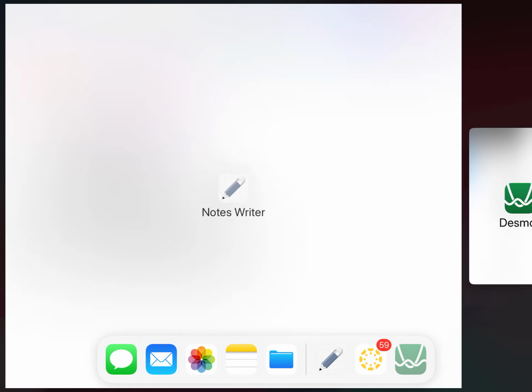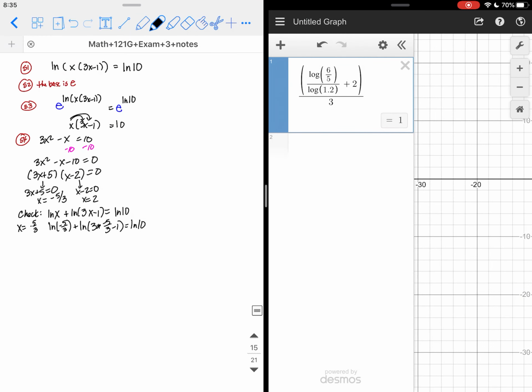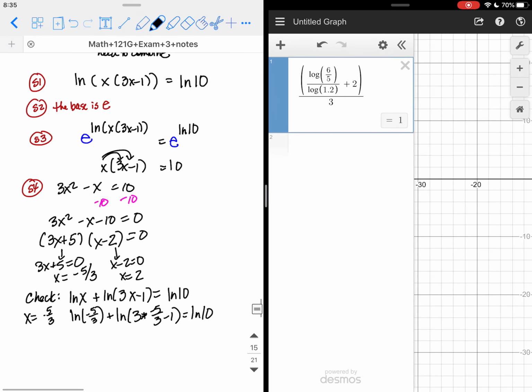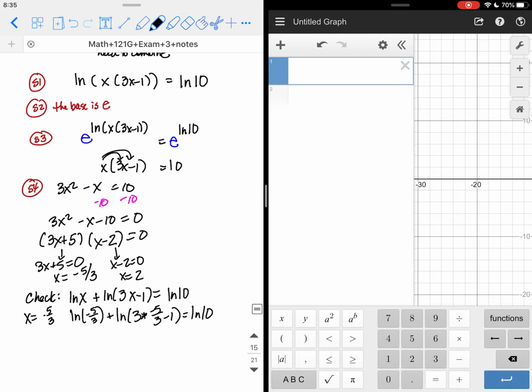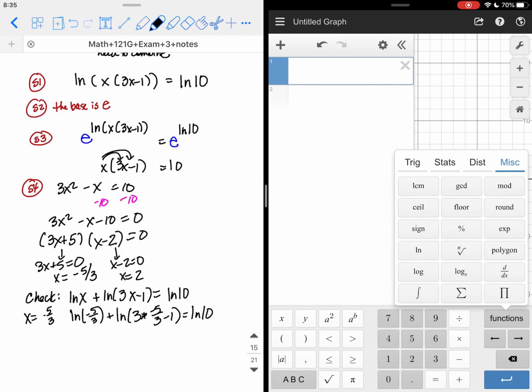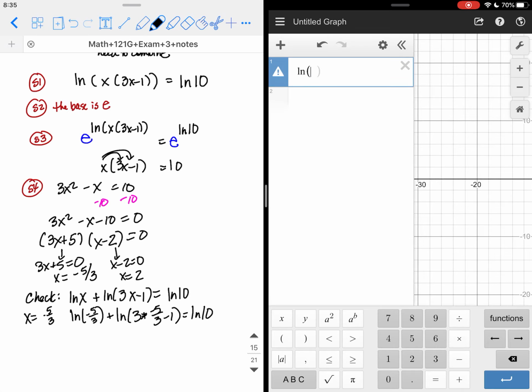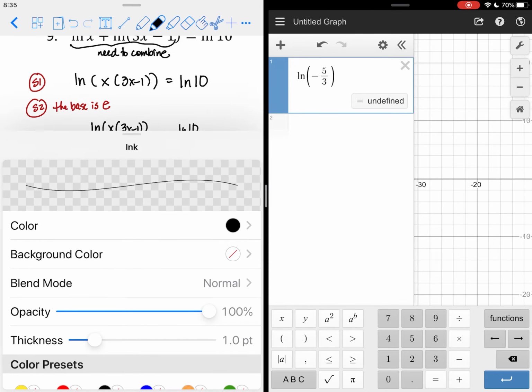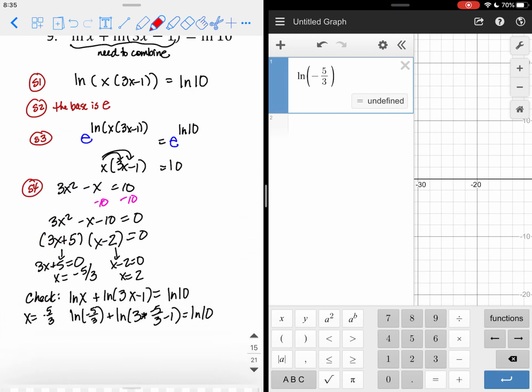All right, so here, ln of negative 5/3, and it told me that it's already an error right there. So it doesn't work. I'm going to stop right there.